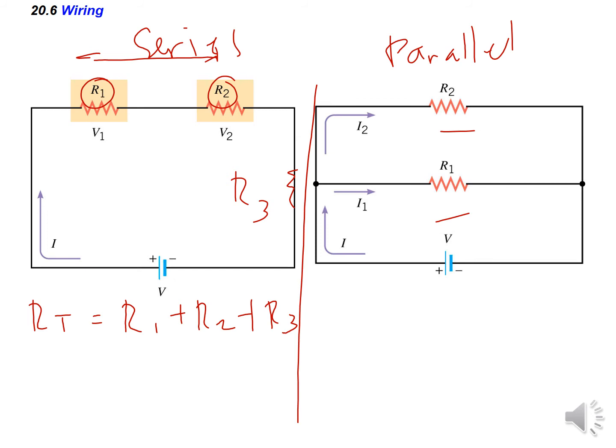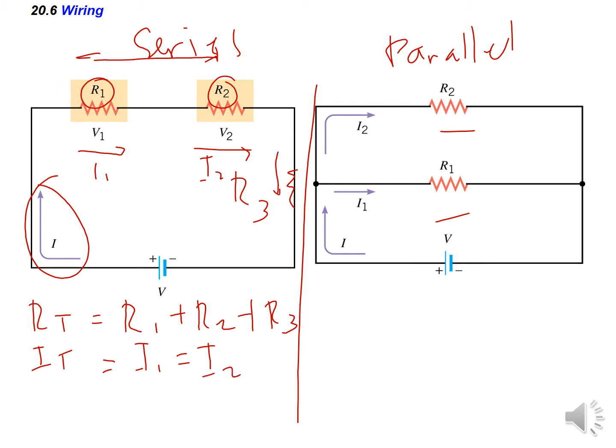So this is the total resistance, and then the current flowing in the circuit is constant. Meaning the current I1 and I2 are the same. So I total is equal to I1 equal to I2, and if there's another resistance, that's equal to I3.